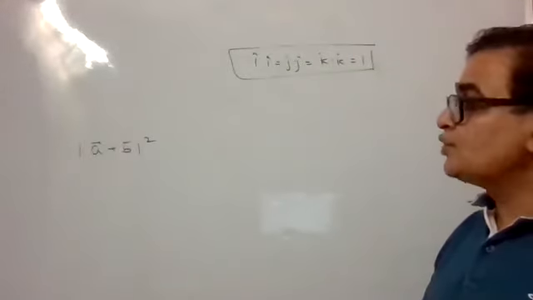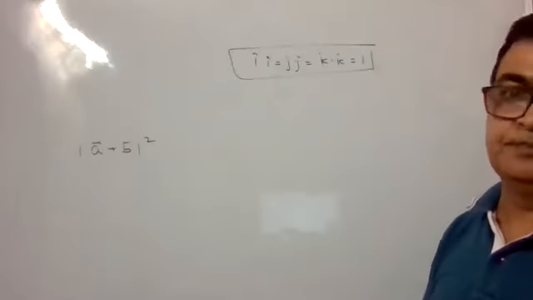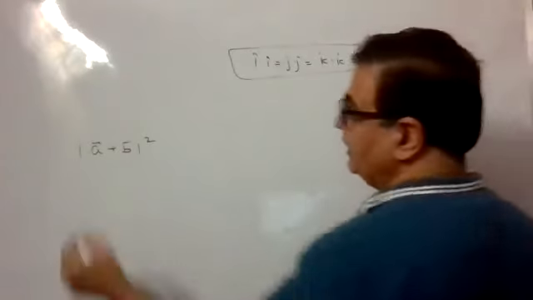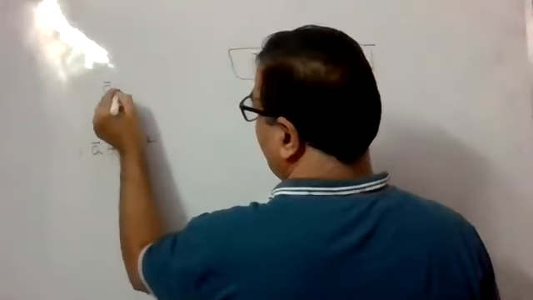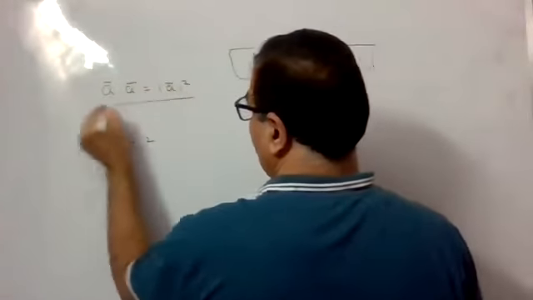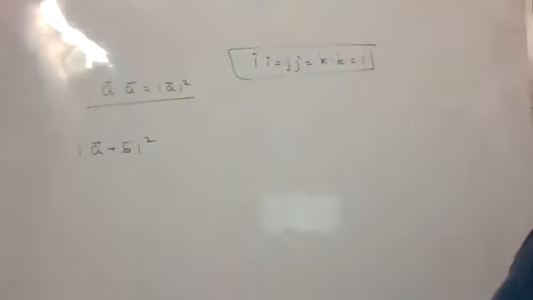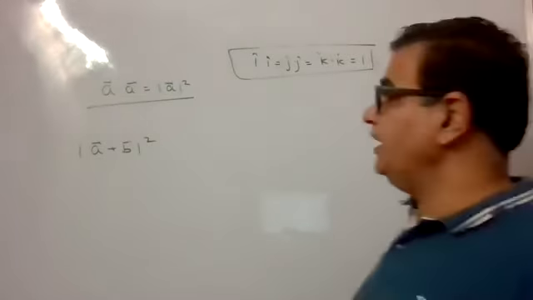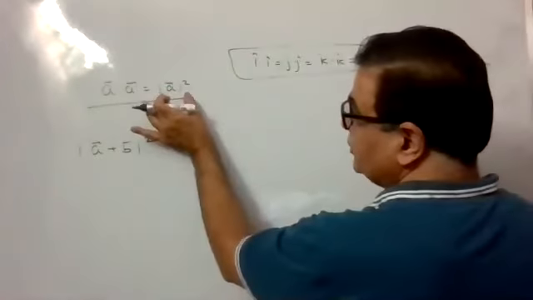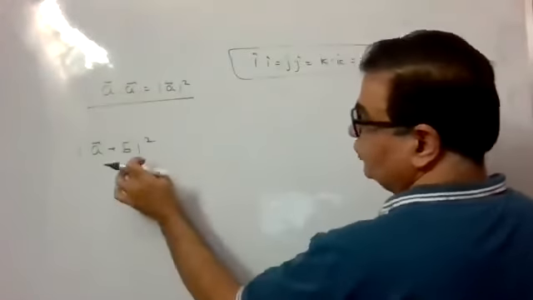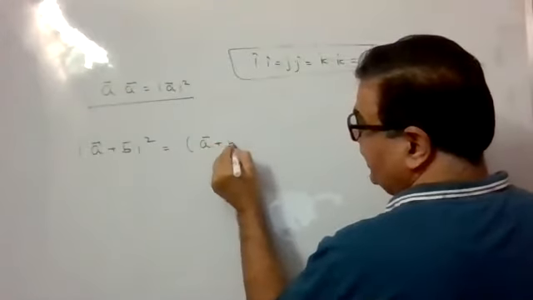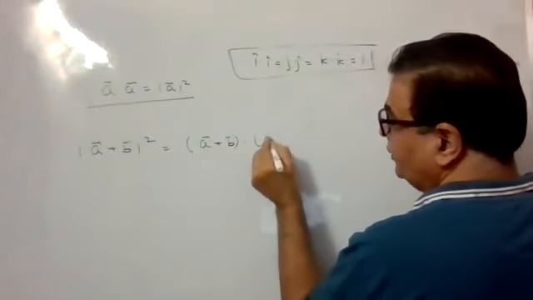Now if I say you solve it, how to do it? In the previous properties we have done, remember A dot A comes out to be magnitude of A square. So magnitude square can be written as A into A. This can be written as (A plus B) dot (A plus B).